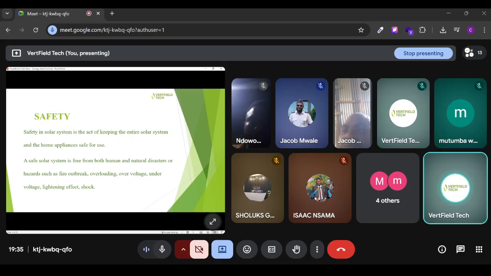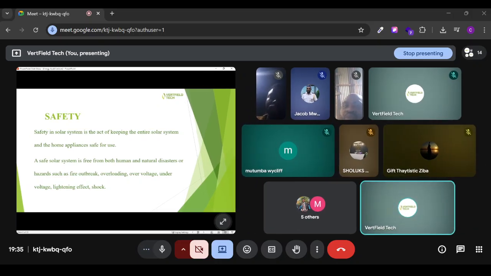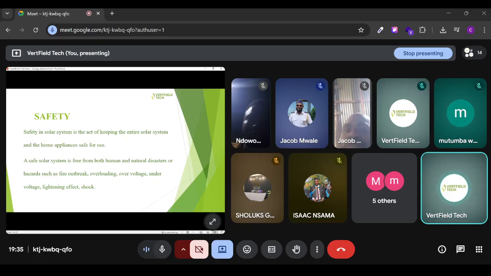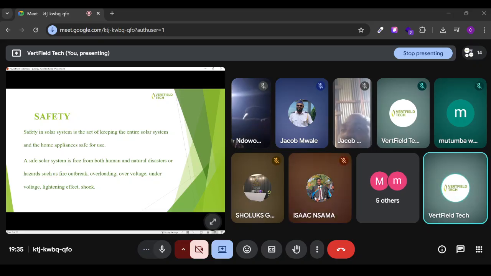For you to safeguard your solar system and your home appliances, you need to make use of safety tools and gadgets. And these safety tools and gadgets are of various types, various kinds, various brands. You have them such as your fuse, your surge protector, your breakers, your earthing, your grounding.